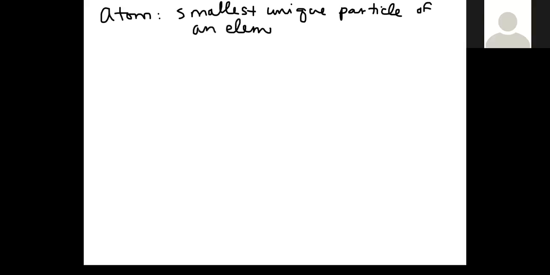So smallest unique particle of an element. For example, carbon is different than nitrogen because of its specific atomic makeup. And so they act very differently, those two elements.